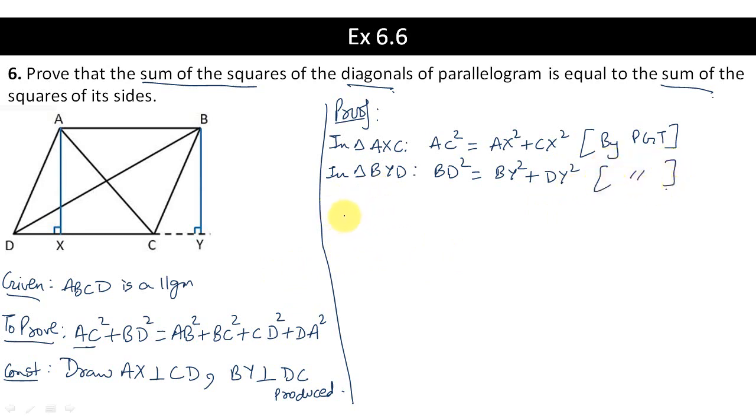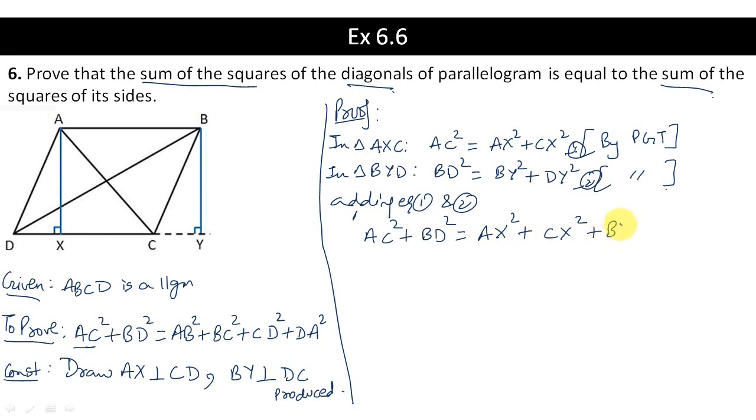We'll add both the equations. Mark this as first equation and this as second equation. So when we add these two equations, we'll get AC square plus BD square is AX square plus CX square plus BY square plus DY square. Now we cannot change AX to any other side.